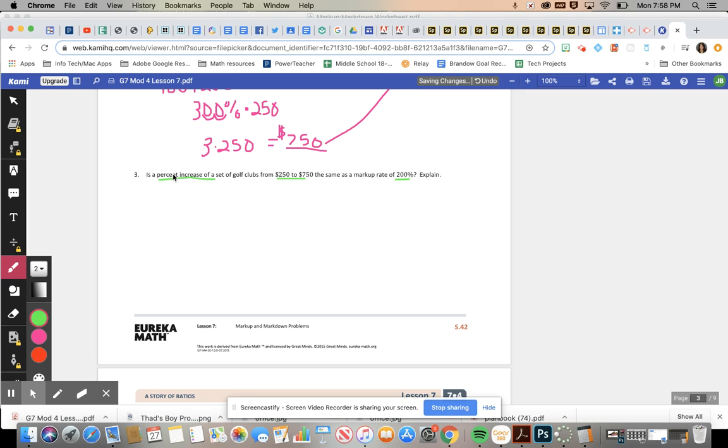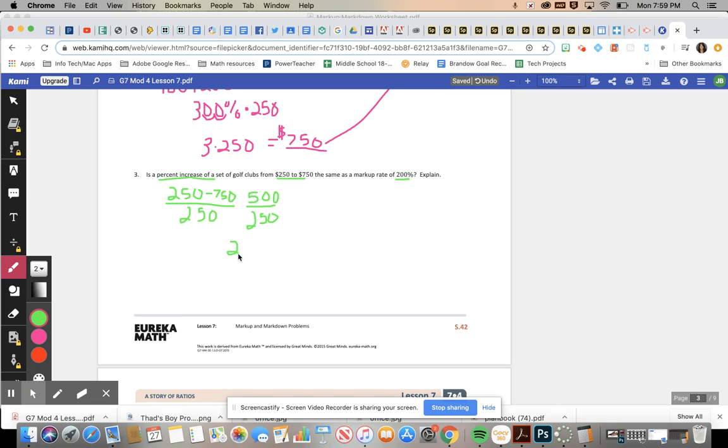Well, we did percent increase and decrease the other day, so remember that's the original 250 minus the new 750 divided by the original 250. All right, so 250 minus 750 is a negative 500, which we just do the absolute value, so 500 divided by 250, which is 2.